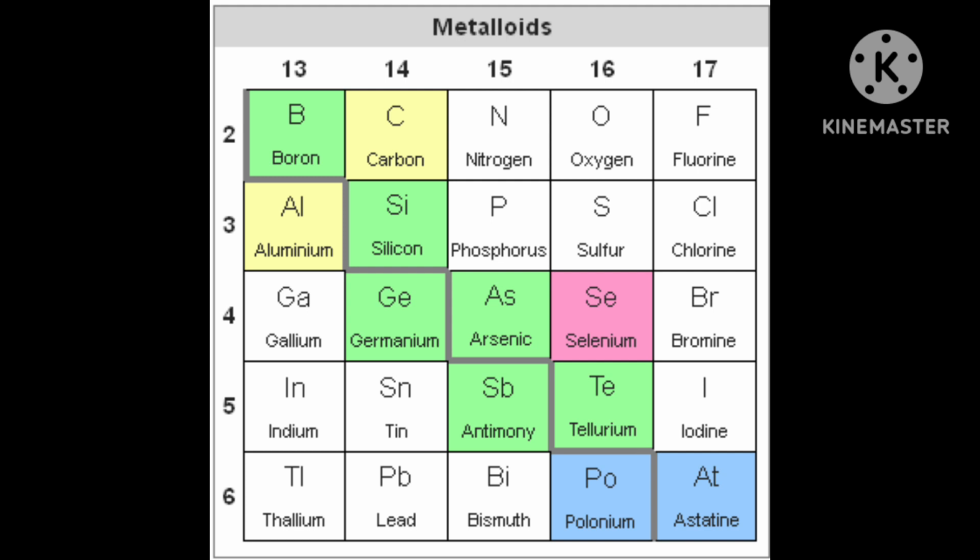Now the third property, electronic configuration, already I have told you. Beryllium has this electronic configuration: noble gas helium, you write helium, after that 2s square. Magnesium: neon, Ne, neon configuration, and after that 3s square.